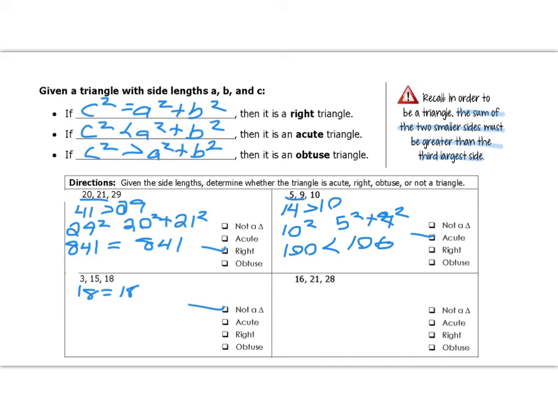And here, 16 and 21 is 37, which is definitely bigger than 28. So we're going to say 28 squared, and then 16 squared plus 21 squared, and you get 1,444 and 697. So that's definitely smaller, therefore it is acute.